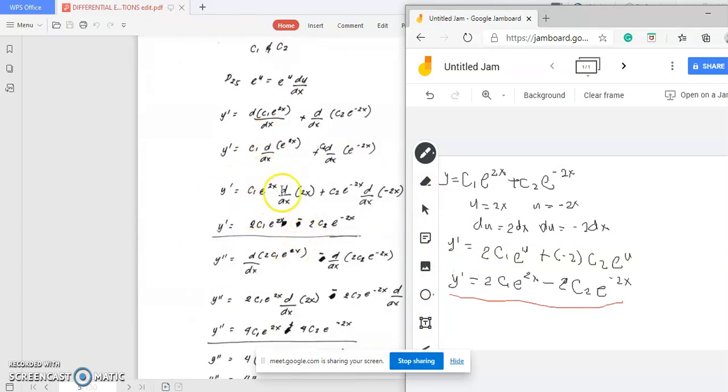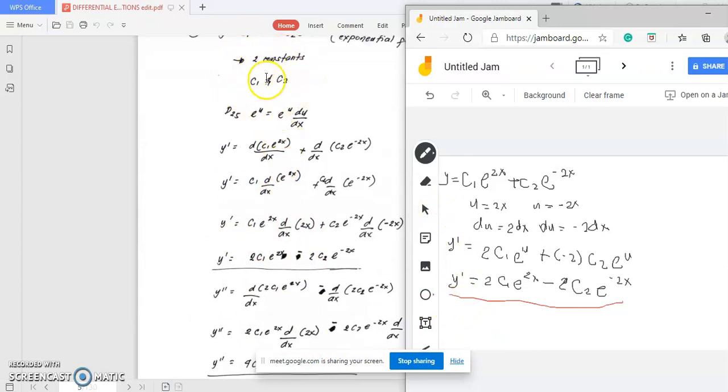In the same manner, because we know that our arbitrary constants are 2 and we have only one derivative so far, we will get the second one. We'll do it directly.